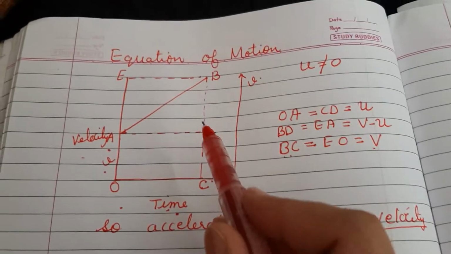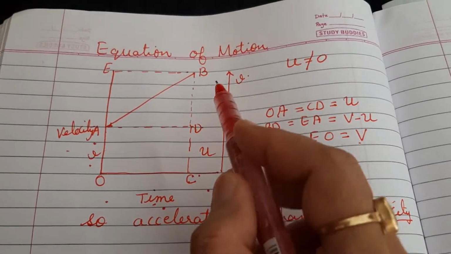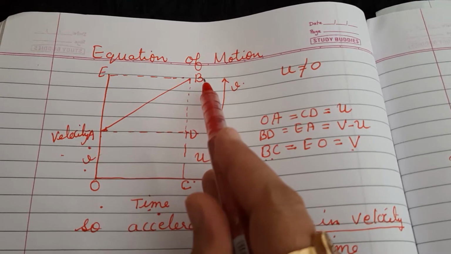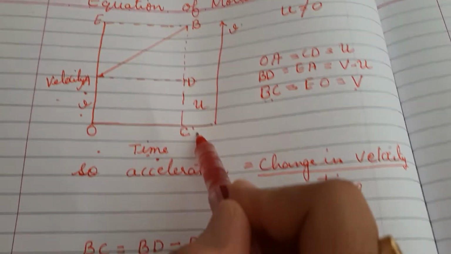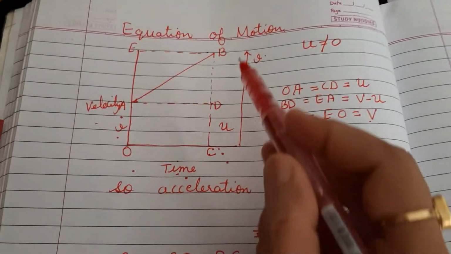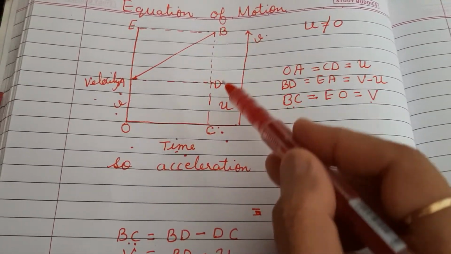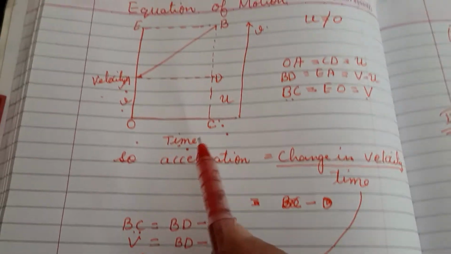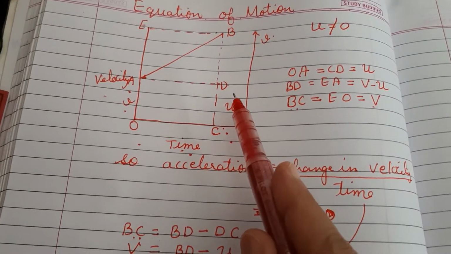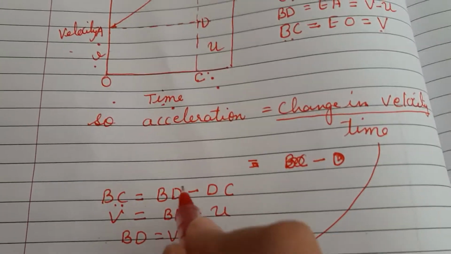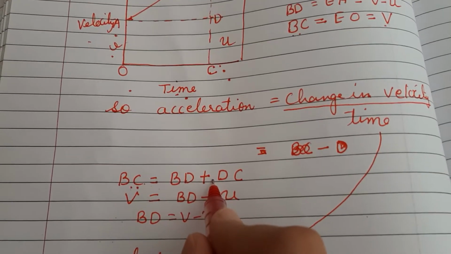To find the change in velocity, we write BC is equal to BD plus DC.